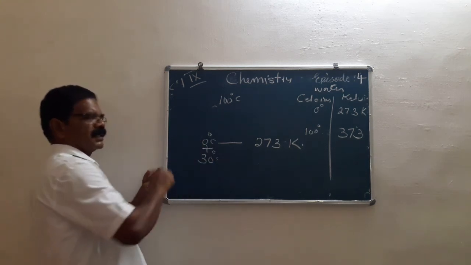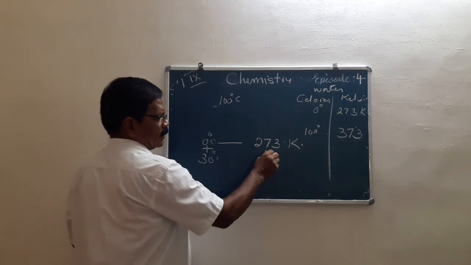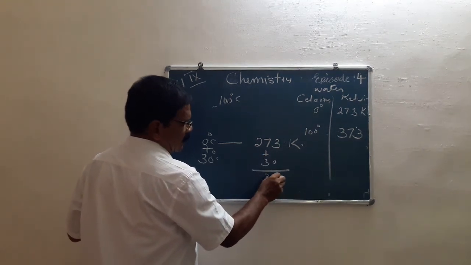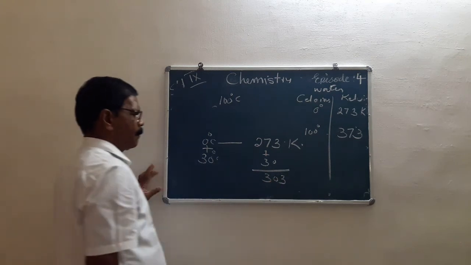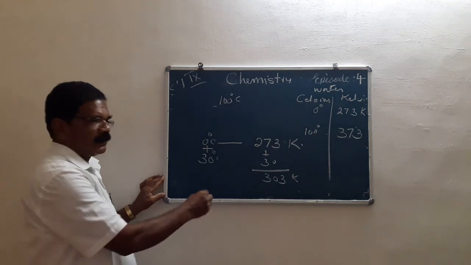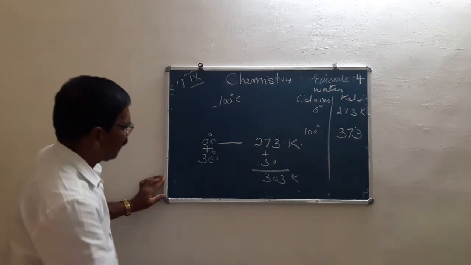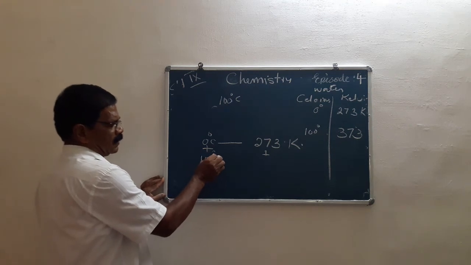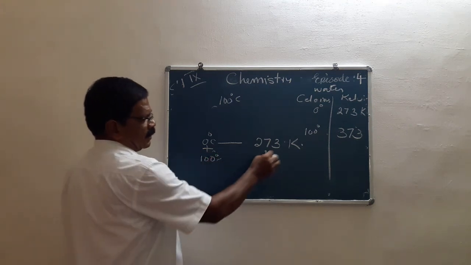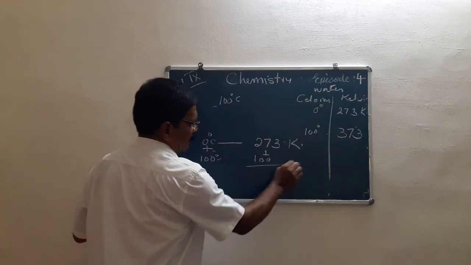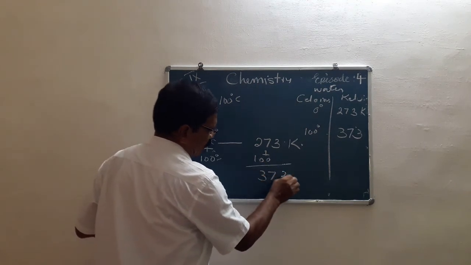In the Kelvin scale, it is 273 plus 30, which is 303 Kelvin. The boiling point of water is 100 degrees Celsius. In the Kelvin scale, it is 273 plus 100, 373 Kelvin.